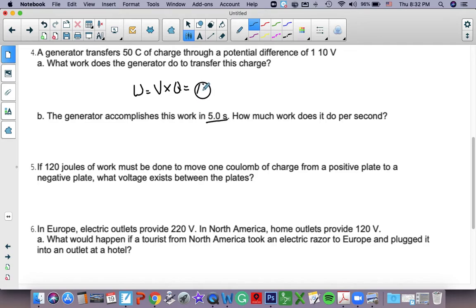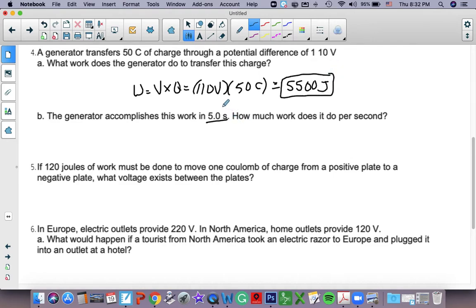We have 110 volts times 50 coulombs of charge. So 110 times 50, I think it's 5,500. Let's double check. Yep, 5,500, and again that's joules. So 5,500 joules of work is our electrical work done.